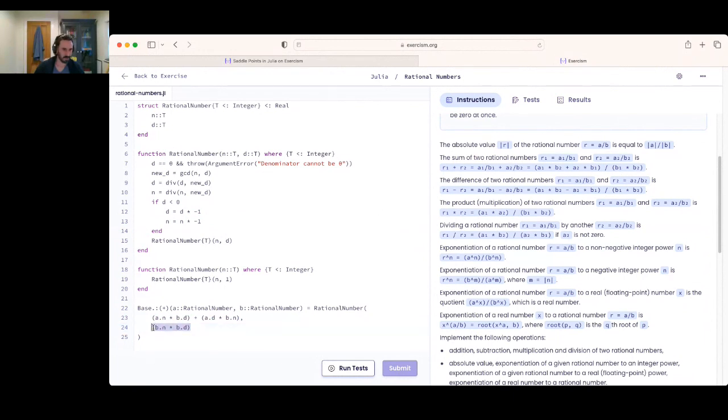I feel like this does not feel right. B1 times B. I don't think that's right. I think we should be multiplying the. Am I just. Oh!